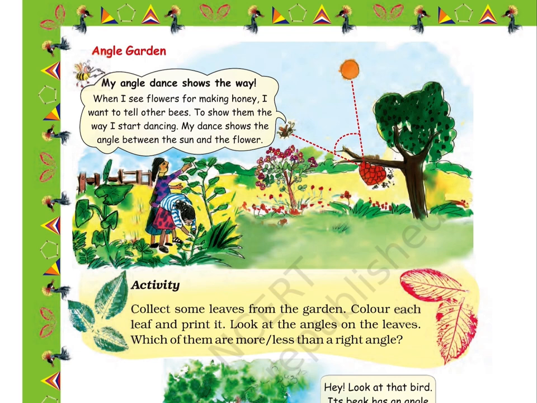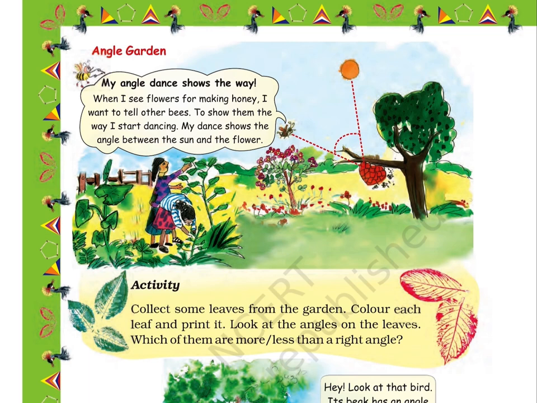When I see flowers for making honey, I want to tell other bees. To show them the way, I start dancing. My dance shows the angle between the sun and the flower." And we can observe an angle made between the sun and the flower with dotted lines here.